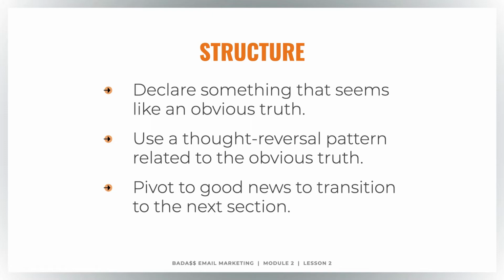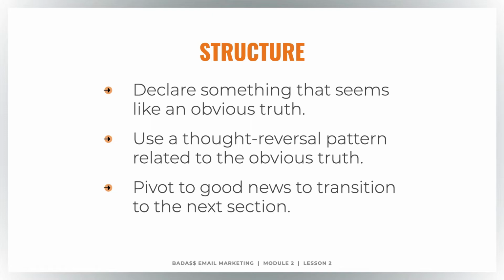So the thought reversal, if this is not a concept you're familiar with, is saying that when everybody else is zigging, you're going to zag. You're going to set yourself apart by telling them the hard truth, by giving them some truth bombs, for example, or by telling them something that they don't need to be doing that other people are telling them they need to do. So that's an example of a thought reversal pattern.